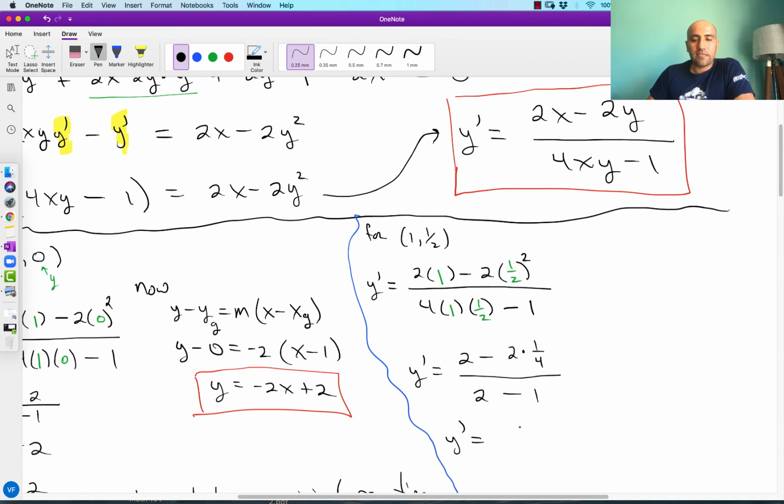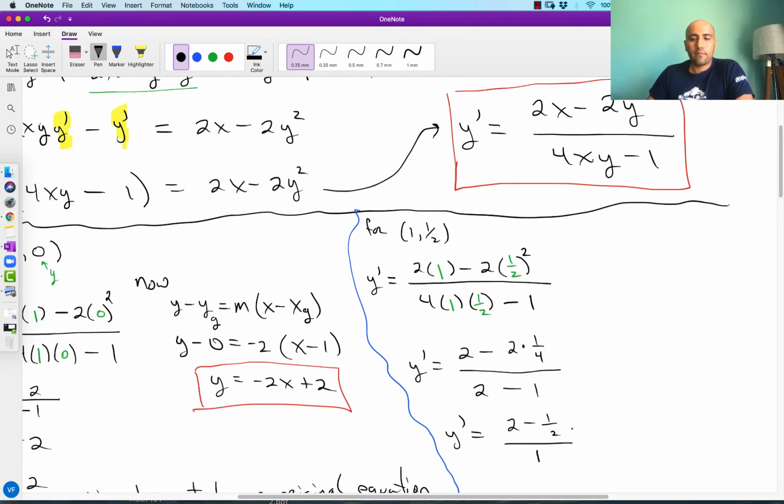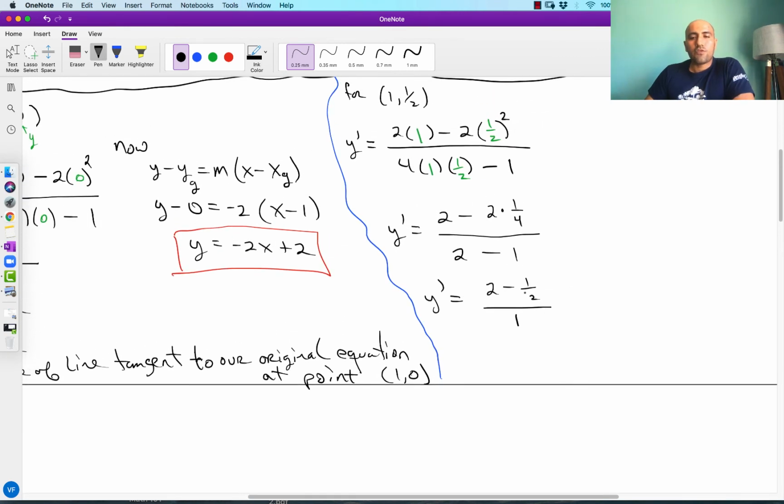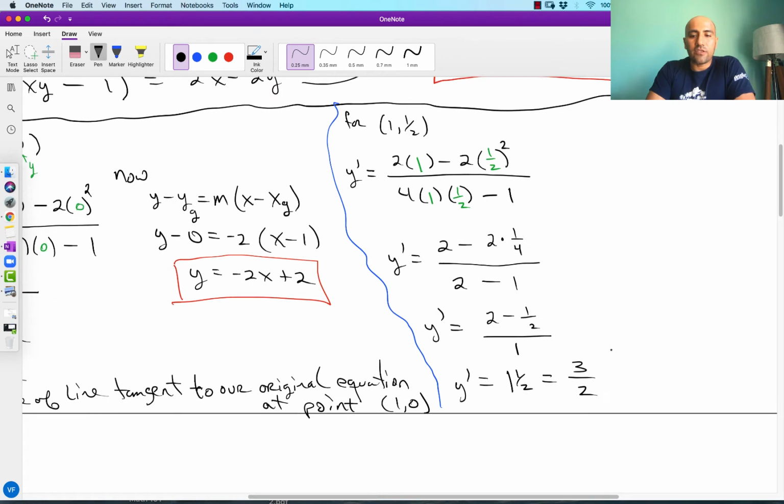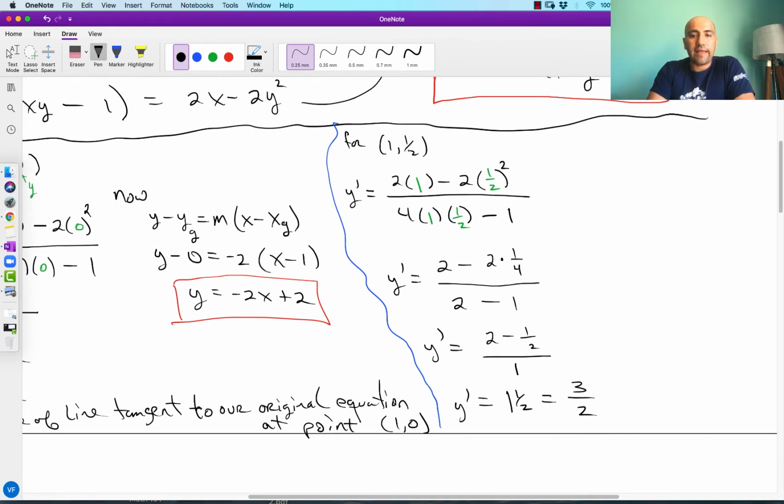Y prime is equal to 2 minus 1/2 divided by 1. And 2 minus a half is 1.5 as a mixed number, which is the same thing as 3 over 2. Okay, so now we got our slope of the line tangent to our original equation at this point.